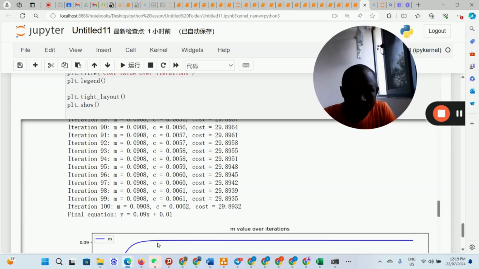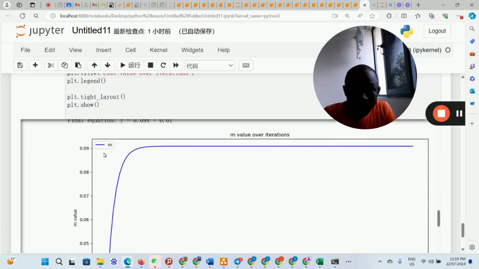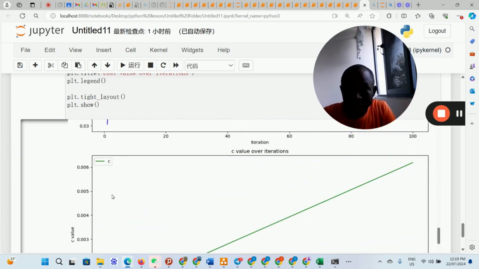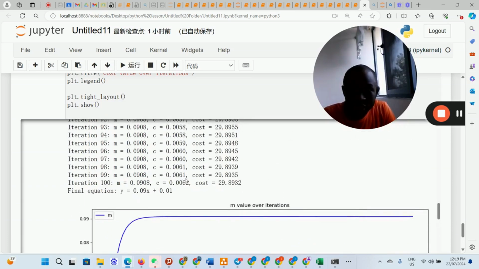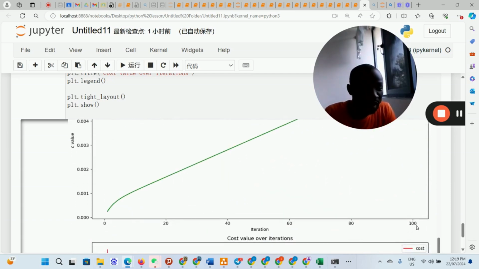Are we there? The m value maximum is 0.09, mapped with the maximum iteration of 100. At that point there is no change. If you also look at the c value, its maximum is 0.061. Are we there? The maximum is at 100 iterations.